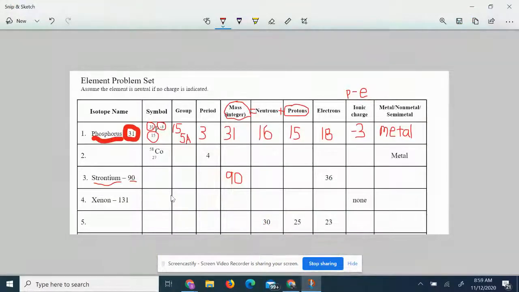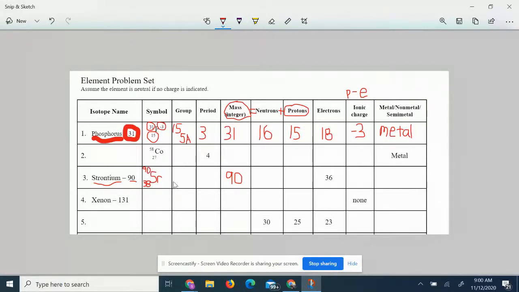So I know I have an Sr down here, and then the 38 atomic number goes on the bottom. So this is 38 here. And then the 90 goes on the top because the mass number goes on the top.